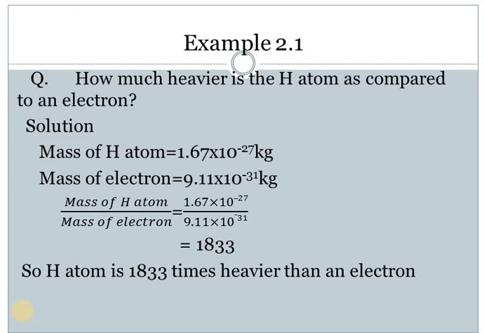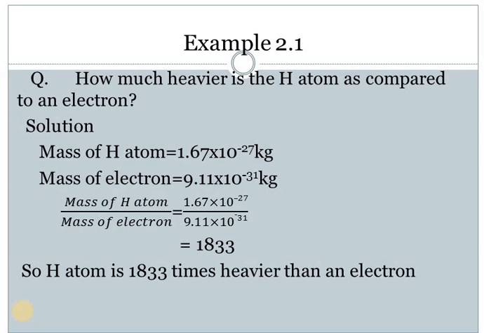Next, there is an example: how much heavier is the hydrogen atom as compared to an electron. Now, no values are given. You have to learn all these values as such. So the mass of a hydrogen atom is 1.67 into 10 raised to power minus 27 kilograms, while the mass of an electron is 9.11 into 10 raised to power minus 31 kilograms.